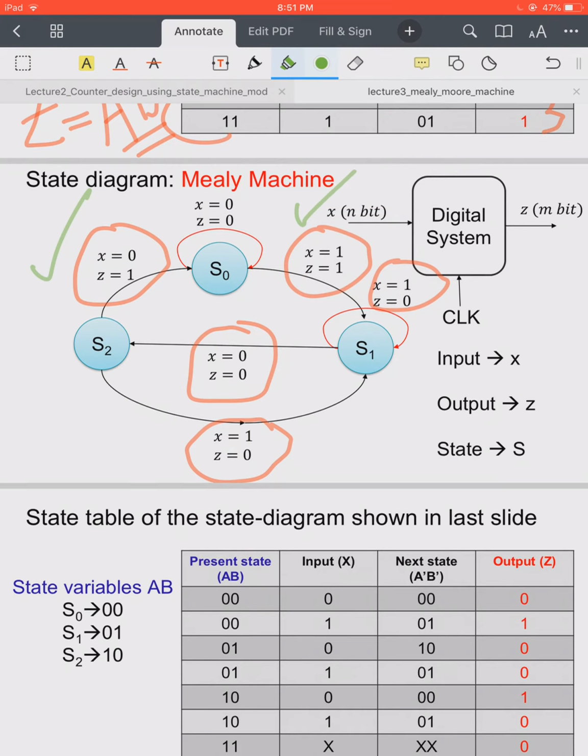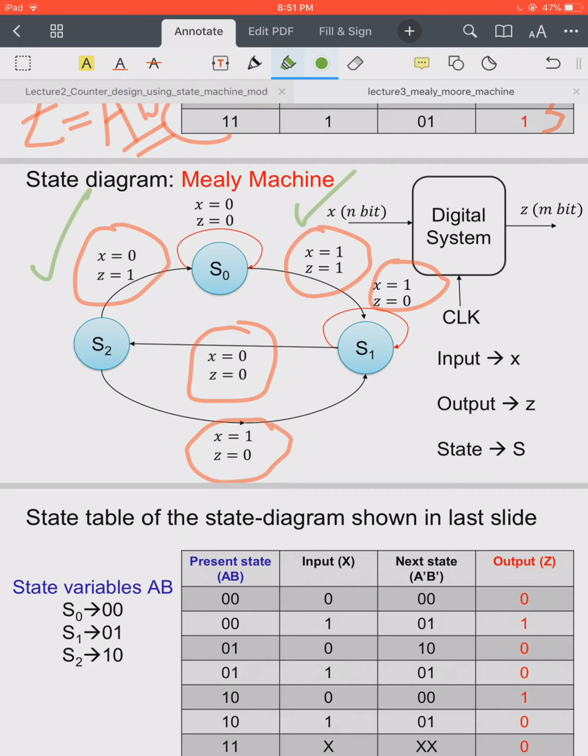So the output is defined on the transition arc, not on a particular state. The state alone has no meaning; in the Mealy machine, from the present state alone you cannot determine the external output at any moment.